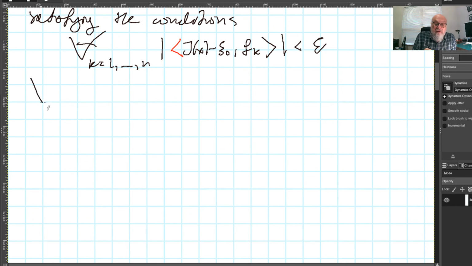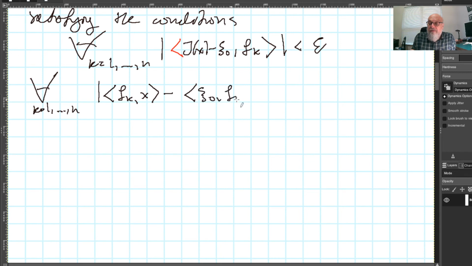For every k equal 1 to n, this means simply, separated, Fk of X minus psi naught Fk smaller than epsilon. Let's call this one gamma k. So that's what I need to prove.